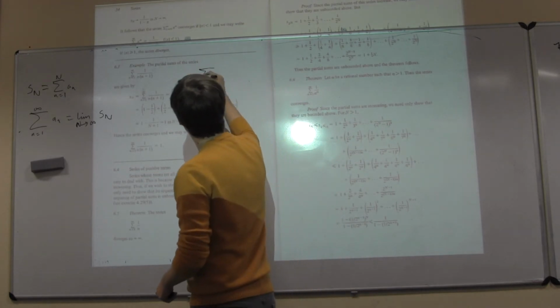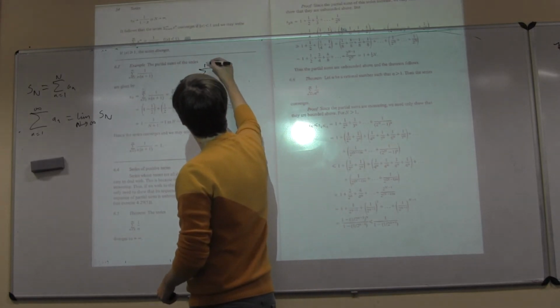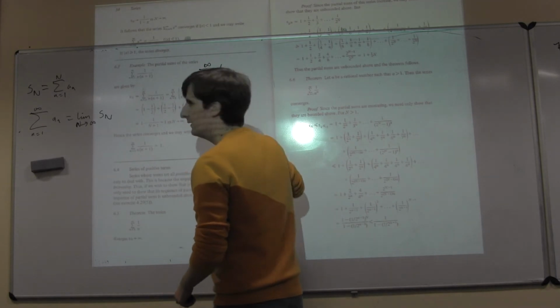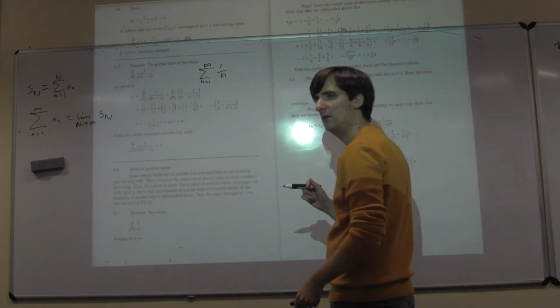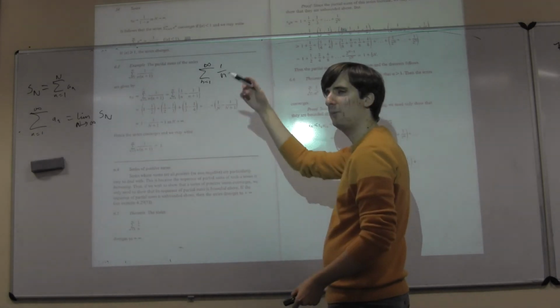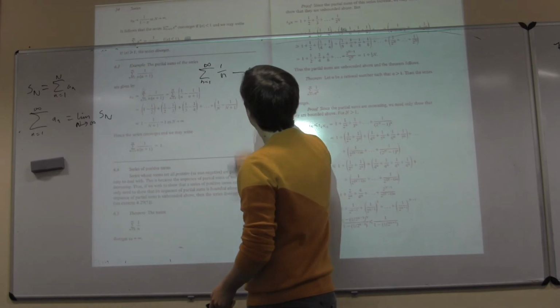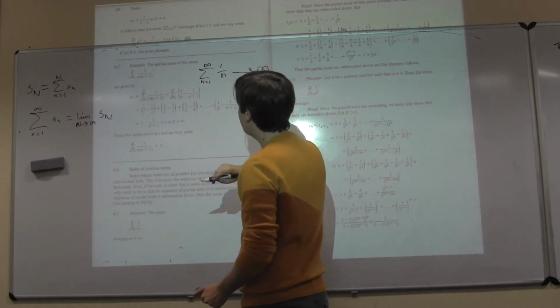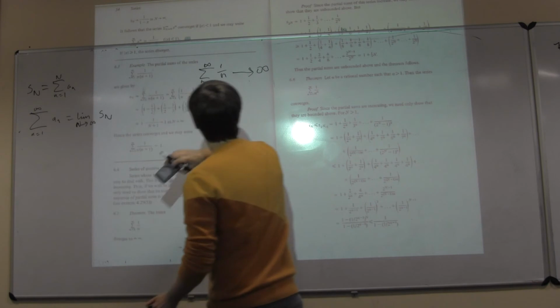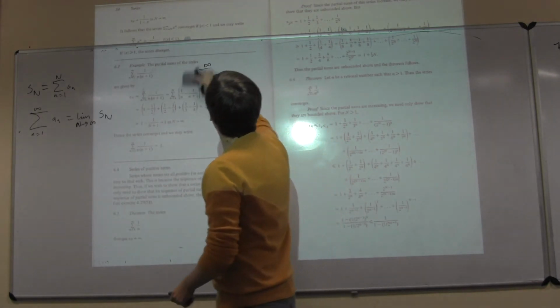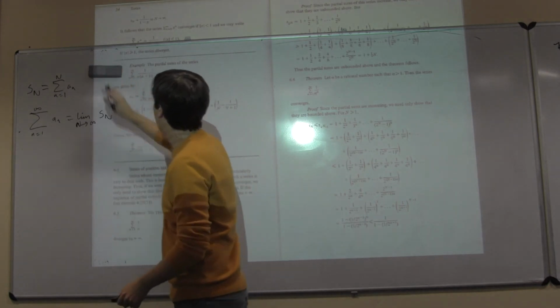So this series, the sum from n is 1 to infinity of 1 over n, that diverges. I don't know if you knew that already. So this is 1 plus a half plus a third plus a quarter. This goes to infinity. So this doesn't converge. And how do we prove that?